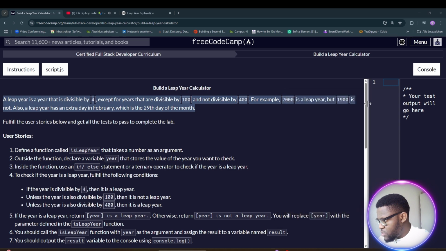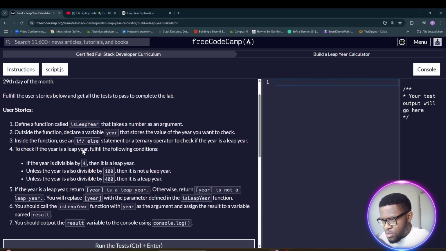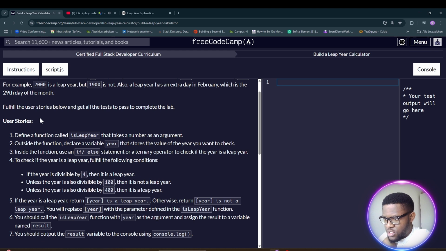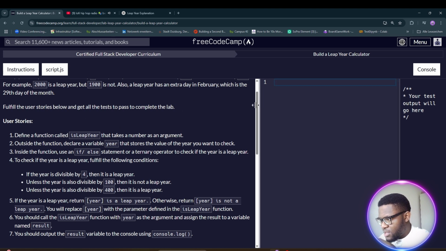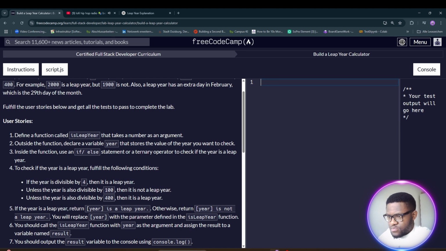Just calculate. So fulfill the user stories below and get all the tests to pass to complete the lab. Okay. So the first thing to do here is to define a function leap year that takes a number as an argument.